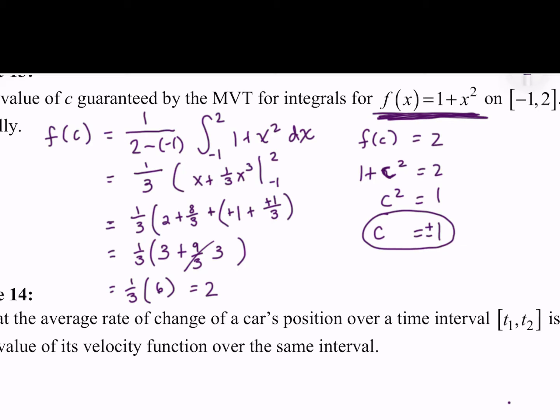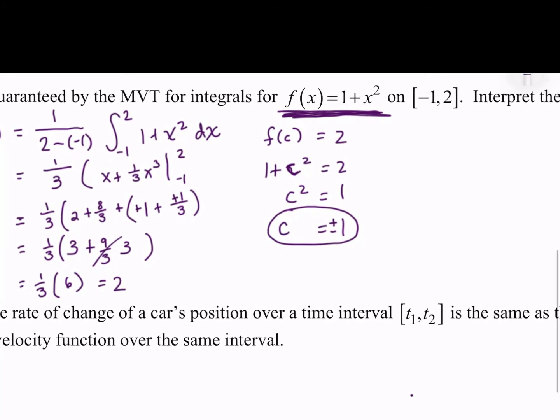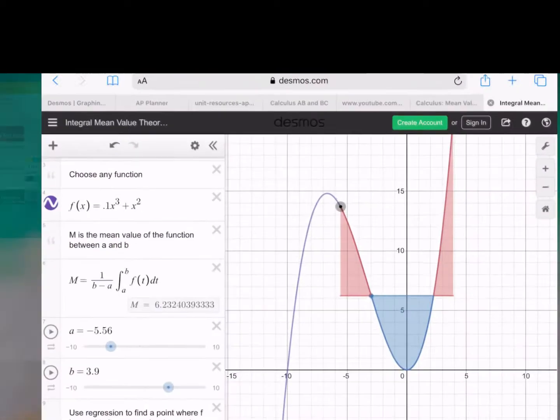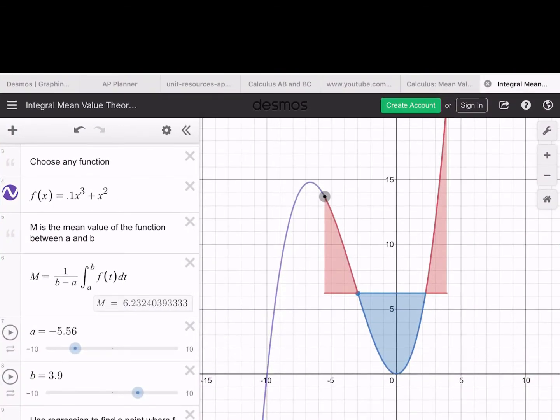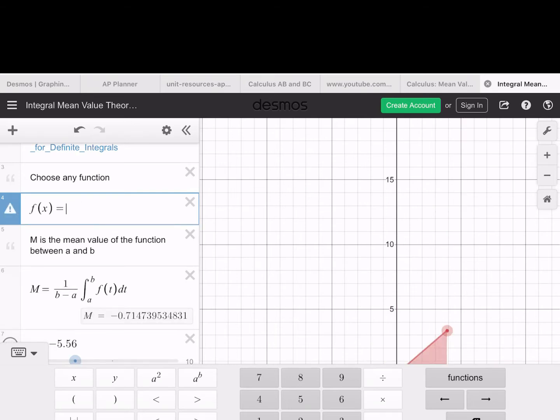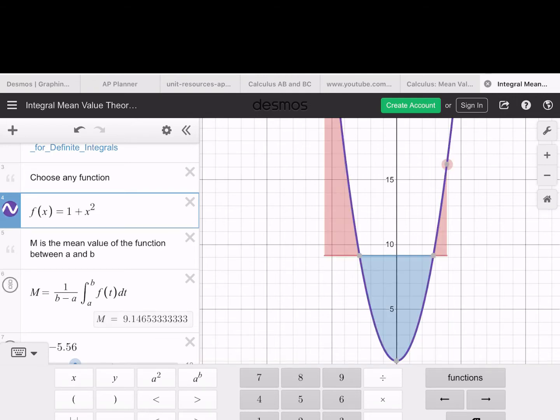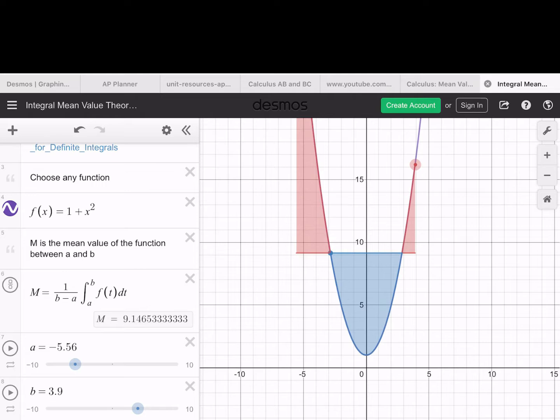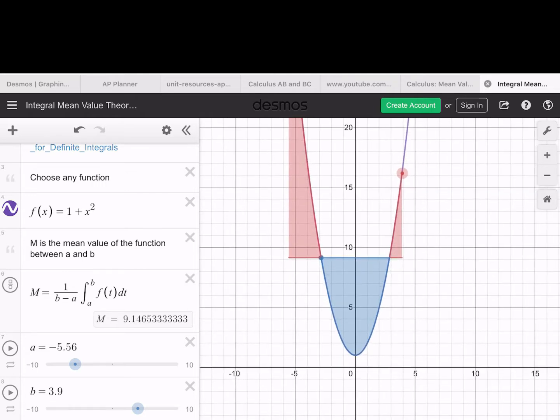Okay, and we can think about what this looks like graphically. I'm actually going to go back to the Desmos. I'm going to type that equation in for my function. So the function is 1 plus x squared. Right there. And then I need to change the interval from -1 to 2.